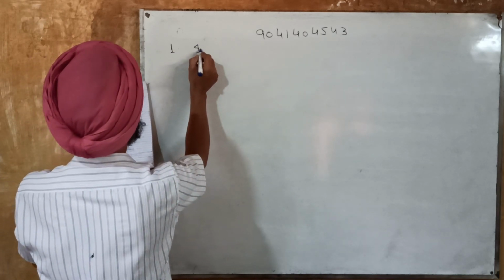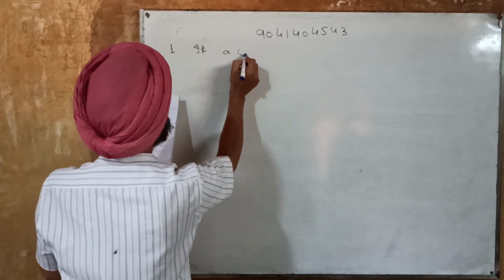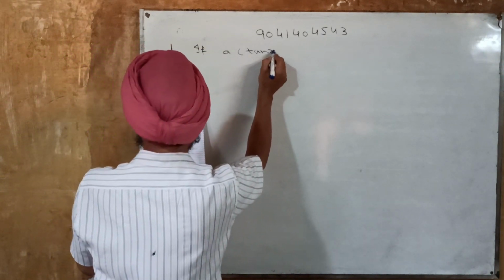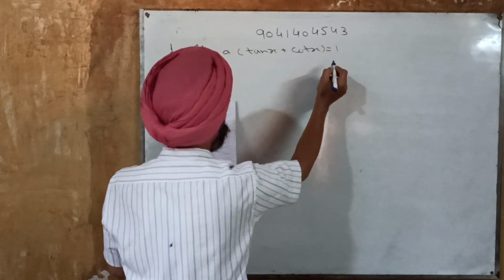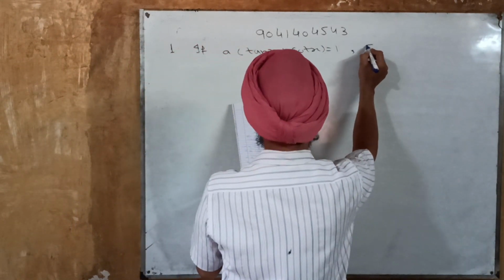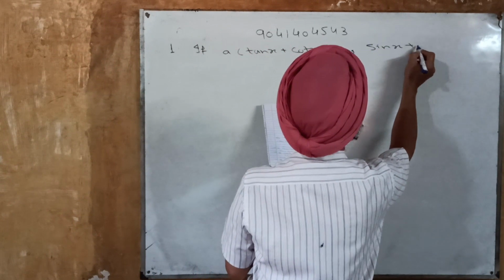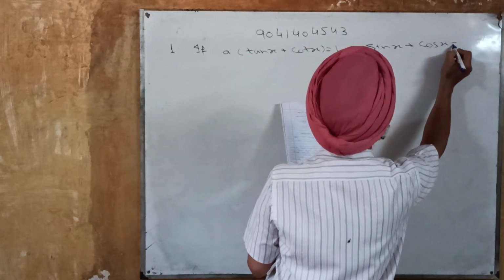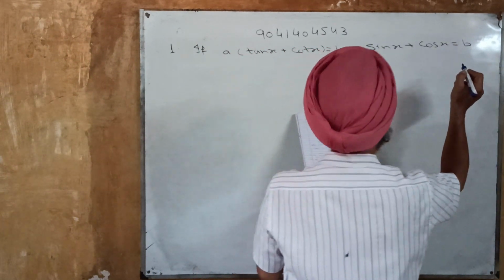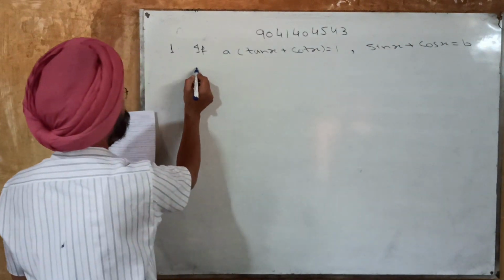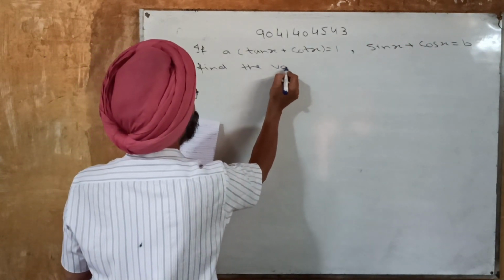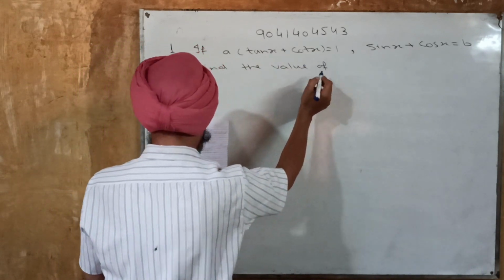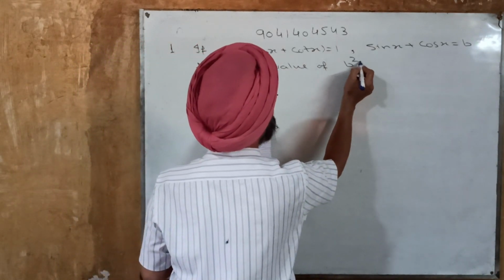if a equals tan x plus cot x, and sin x plus cos x is equal to b, find the value of b square minus 2a.